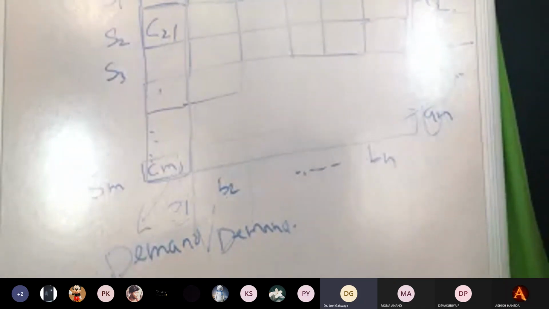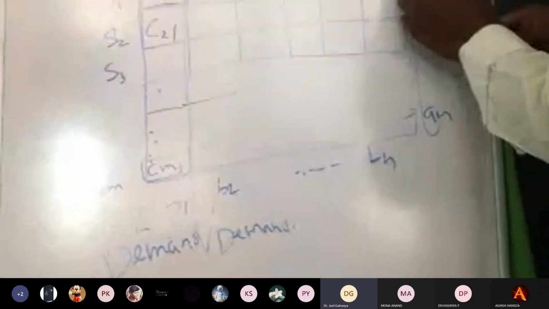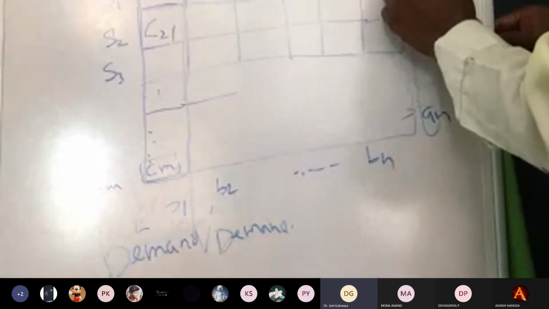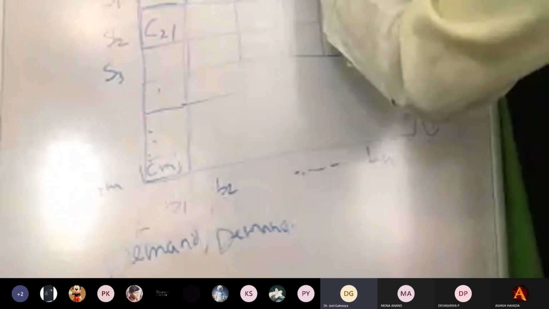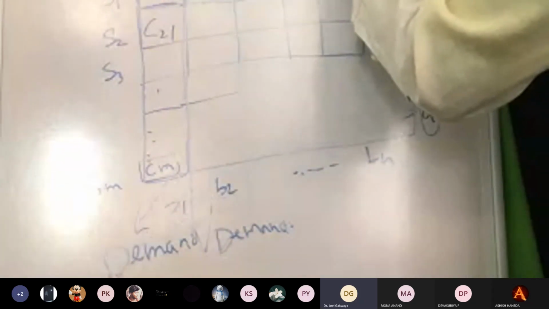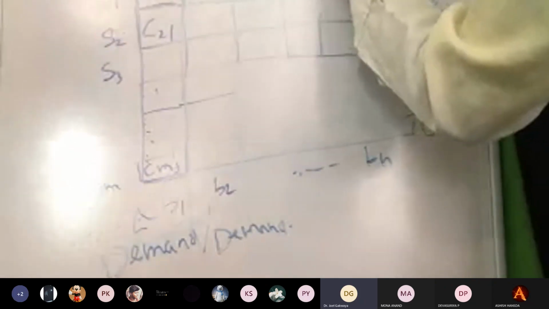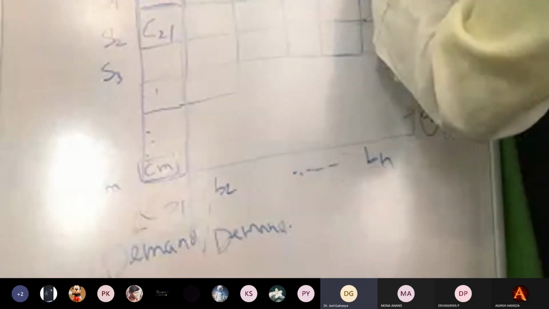Now, let's take, for example, the total supply A1 plus A2 plus A3 is equal to 1,000. Clear? And here we have the demand B1 plus B2 is equal to 1,000.